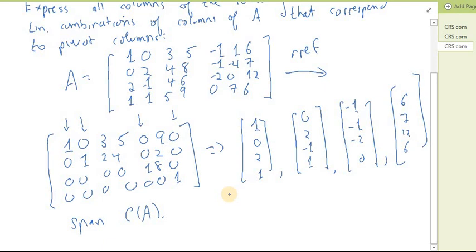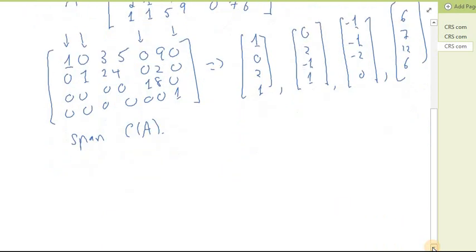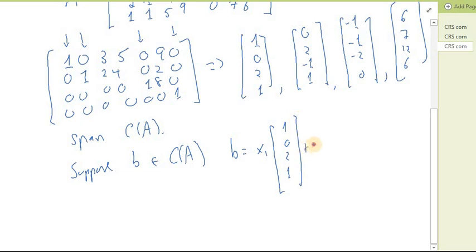So to express any vector b that's in the column space as a linear combination of these, suppose b is in C of A. That means b is equal to x1 times the first one, 1, 0, 2, 1, plus x2 times the second one, 0, 2, minus 1, 1, plus x3 times the third one, plus x4 times the fourth one, which is 6, 7, 12, 6.